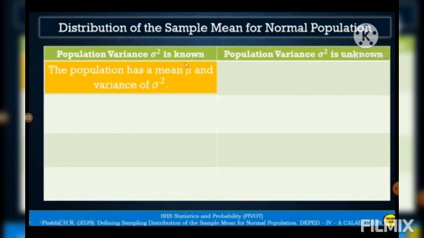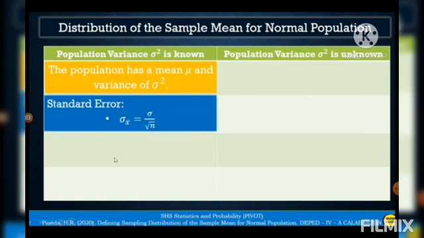So it's unknown, σ². The standard error σ_x̄ is equal to σ over √n.